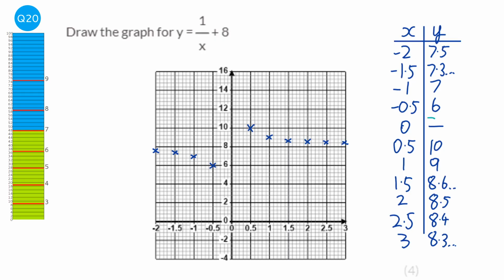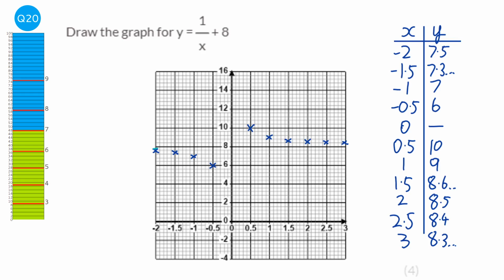Now, this 0 here, it kind of tends towards infinity, both positive and negative. On one side it goes towards the positive infinity, on the other side it goes towards the negative infinity. So what is helpful to do when you're drawing this line is to turn your page sideways. And I'm going to try my best here.